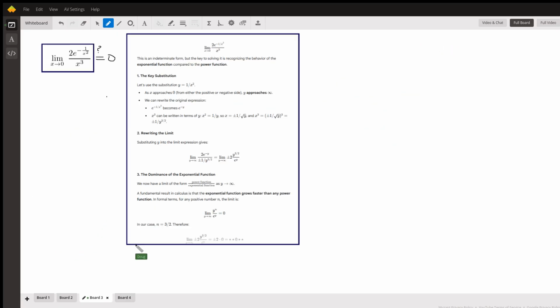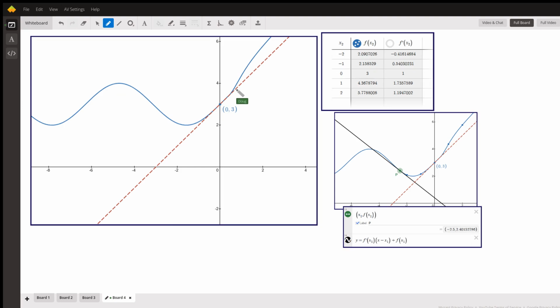Let's go to this board. Okay, so when a is 1 and b is 3, we get a graph that looks like it's continuous and differentiable at 0, 3. And this table shows some possible y values for f of x and some slopes of tangent lines for the same values of x.